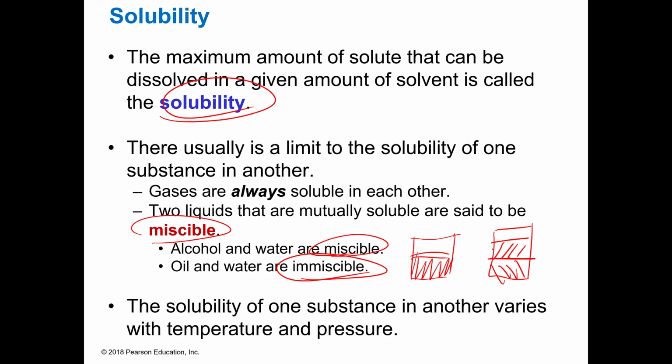All right, so solubility varies with temperature and pressure as well. Pressure is going to influence our gases' solubility. Temperature is going to influence everything's solubility, and most of the time it's going to increase it.